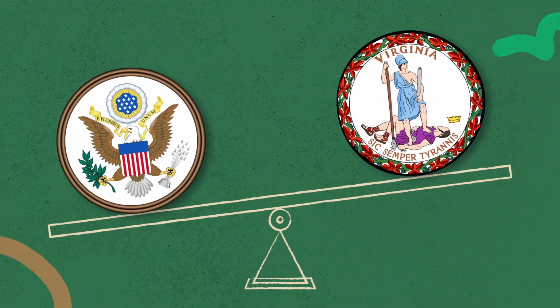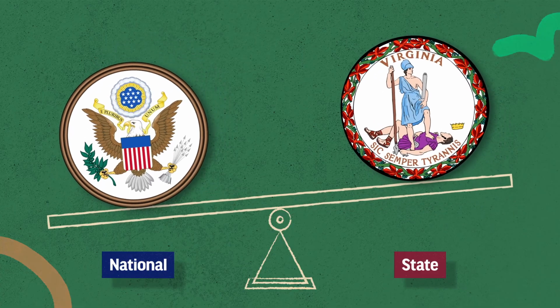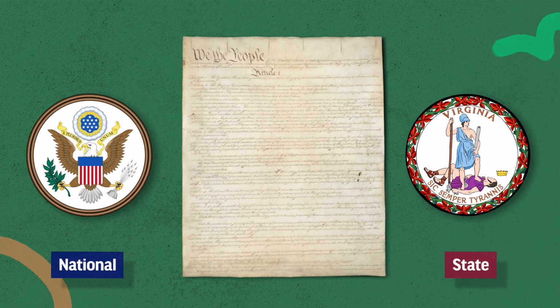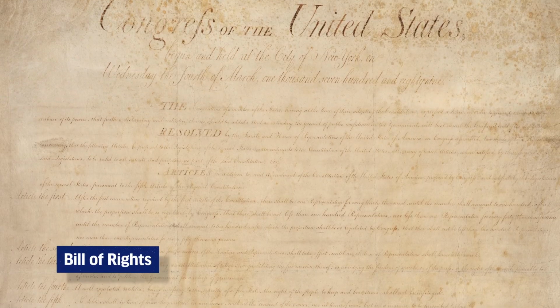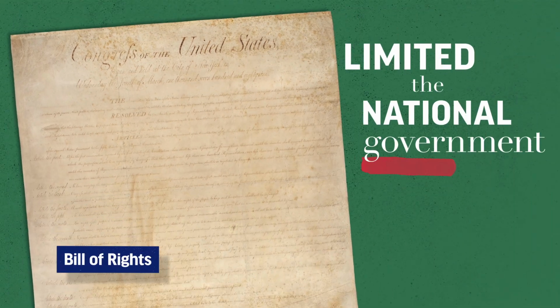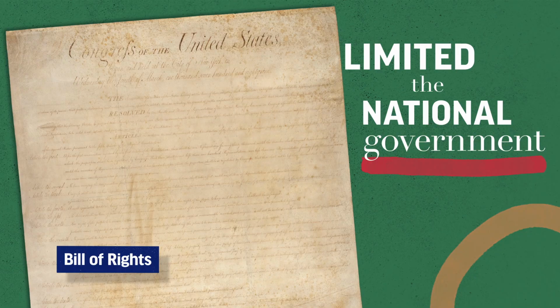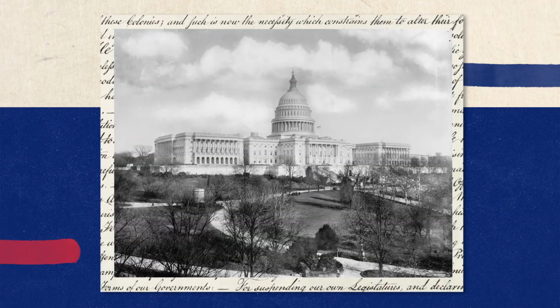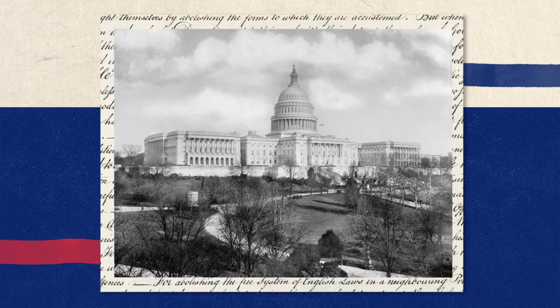The balance of power between the national and state governments has evolved over time, often through amendments to the Constitution. Some, like the Bill of Rights, limited the national government, not the state governments, for roughly a century and a half. But amendments to the Constitution have most often given power to the national government.